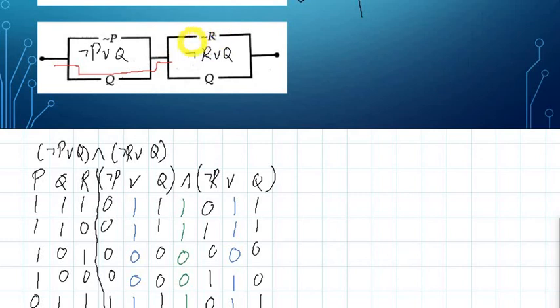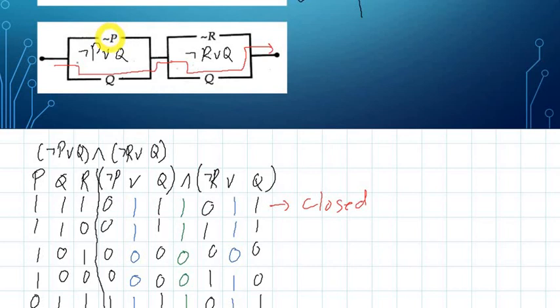Then, if R is closed, not R is open, but Q is closed, so it can still flow here. So therefore, the network is closed if the values of the P, Q, and R switches are closed.